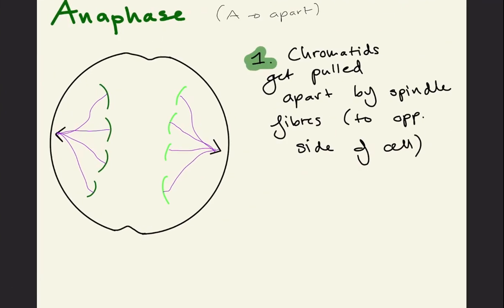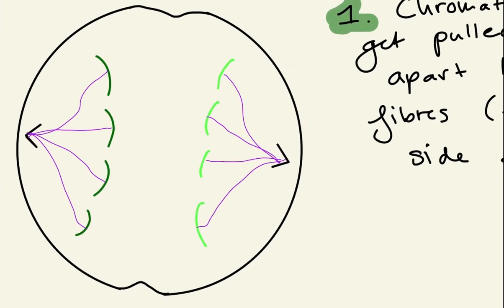Then comes anaphase. Anaphase can be remembered as A. A stands for apart. And this is because the different sister chromatids get pulled apart by the spindle fibers to the opposite ends of the cell, right? This is what I meant with, you will see why chromosomes create a replica of themselves to be sister chromatids. Because you can imagine you have a chromosome like this, right?